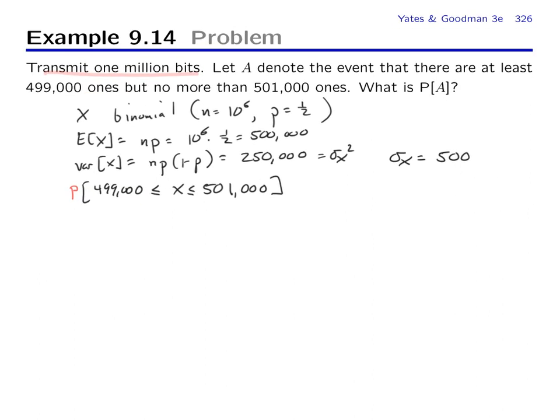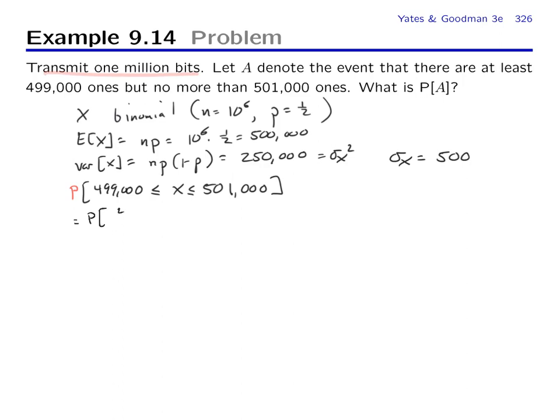So what we do here is write this by subtracting away the expected value and dividing by the standard deviation to put it in a normalized expression, a zero mean unit variance variable.